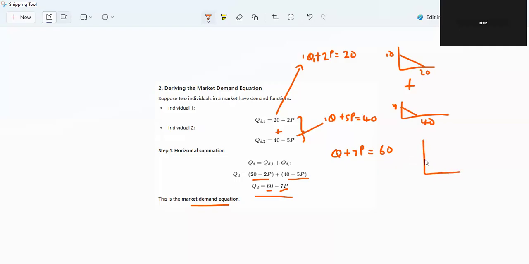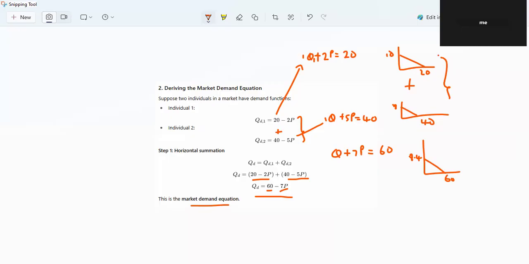So this is about 8.4. Then 1 into 60, this is about 60. So this is what we call the market. It's simply an addition of these two firms. So I just want you to appreciate what is happening here.